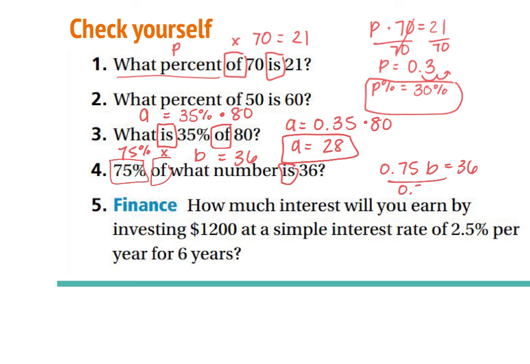Divide both sides by 0.75. And we get B equals 36 divided by 0.75, which is 48.